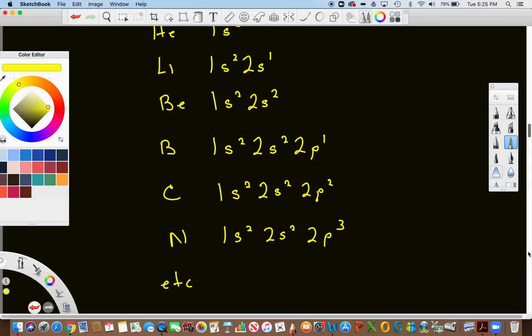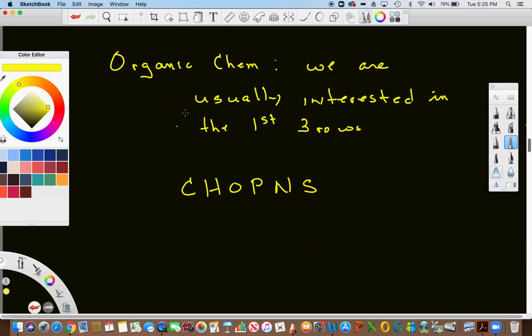So for organic chemistry, though, we're only interested usually in the first 3 rows of the periodic table for electron configuration. Oh wow, that's kind of an ugly looking periodic table.